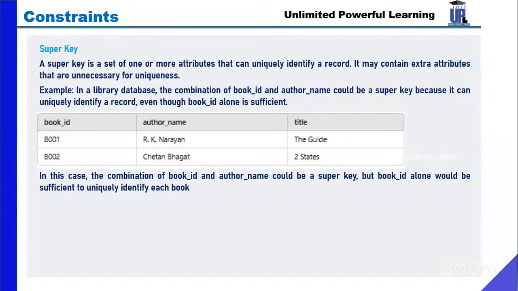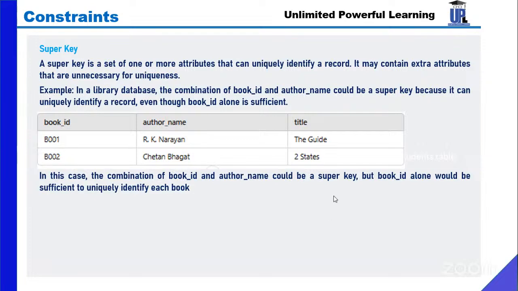There is another important key that most people get confused about, the super key. It is one or more attributes that can uniquely identify a record, but it may contain an extra attribute that is unnecessary for uniqueness. Here, book ID is there, author name is there, title is there.